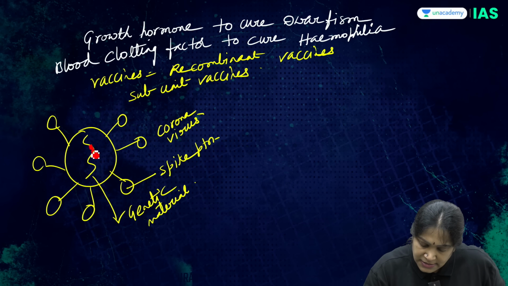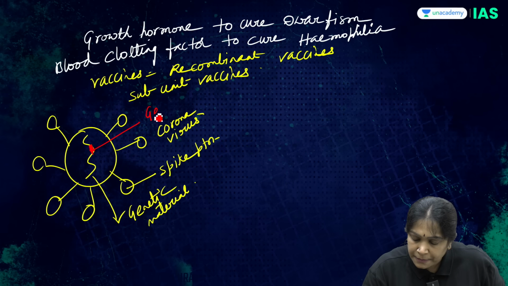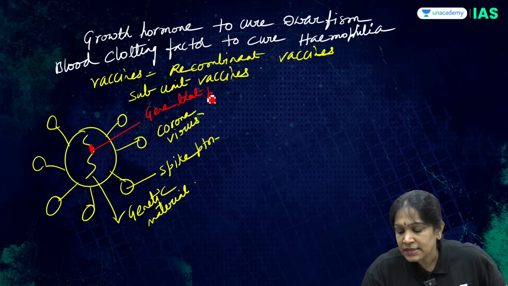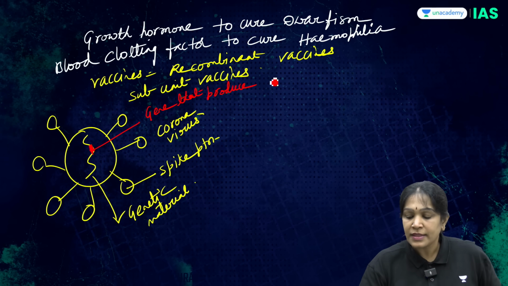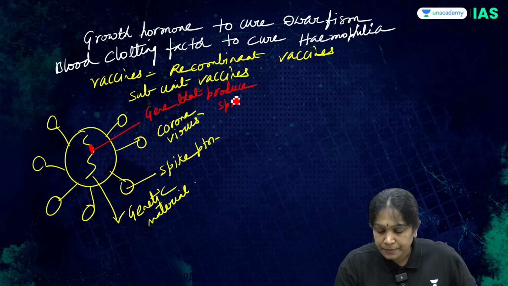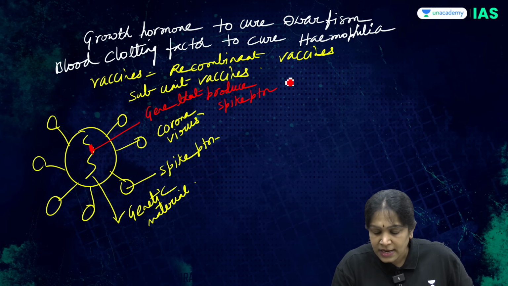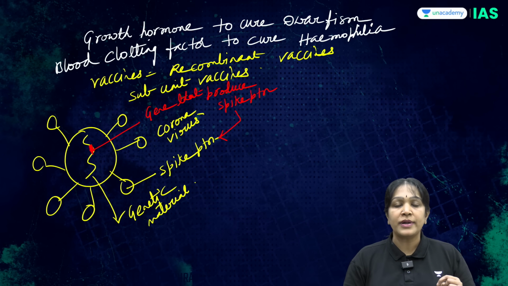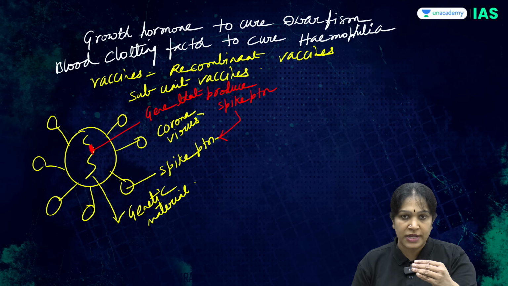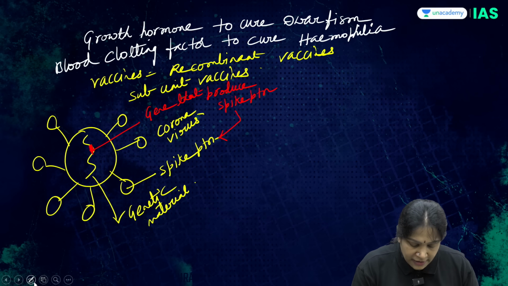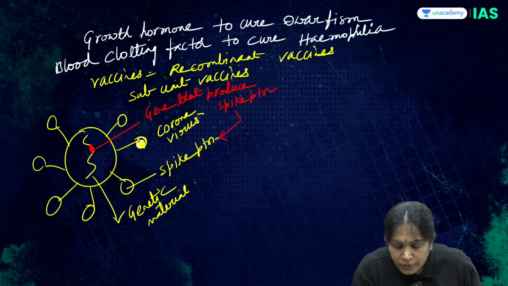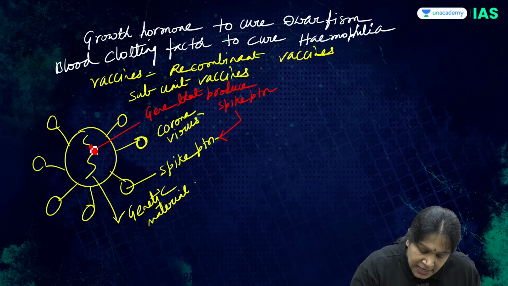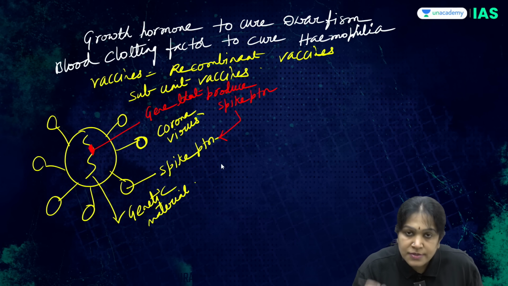This is the gene that produces the spike protein. The important point is genes produce proteins. So don't get confused. This is the spike protein, and this red color one is the gene that produces spike protein.